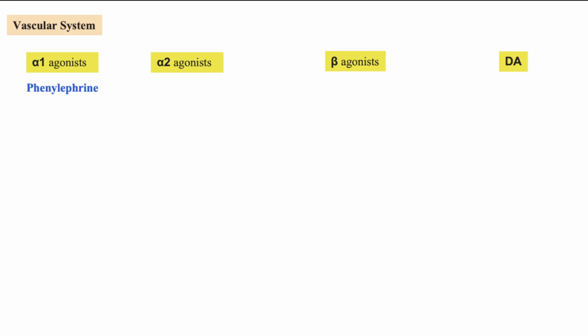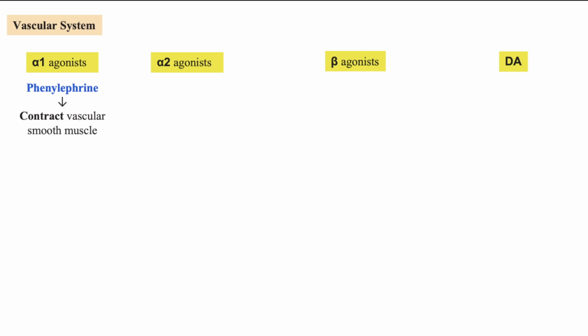So coming to the vascular system, let us see what happens with respect to the activation of individual receptors. So we have alpha 1 agonist, alpha 2 agonist, beta agonist, and dopamine. For alpha 1 agonist, the example is phenylephrine.